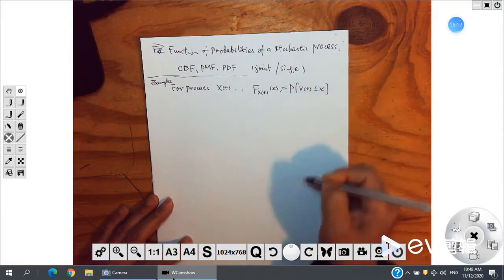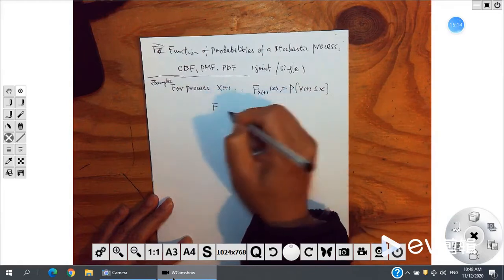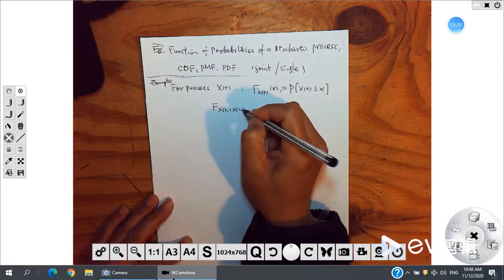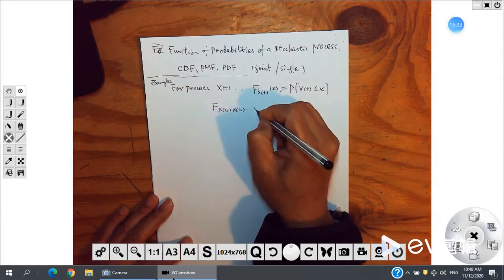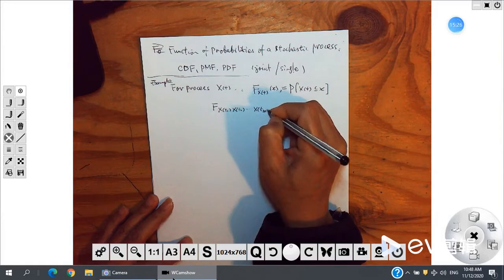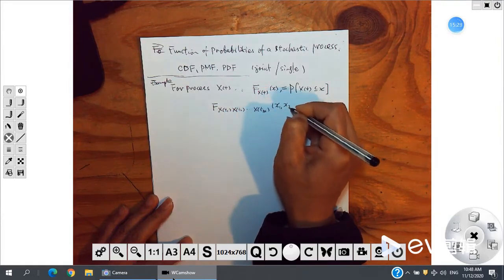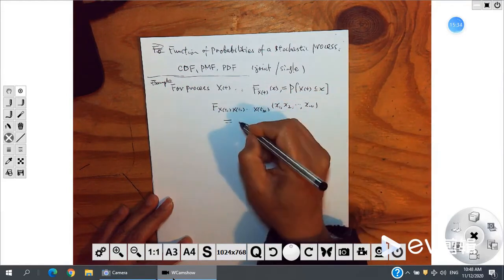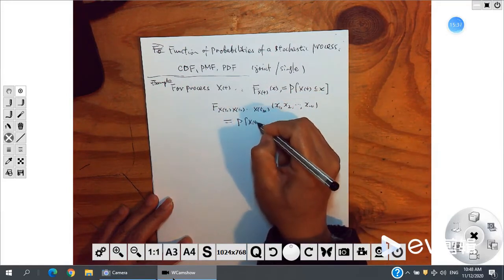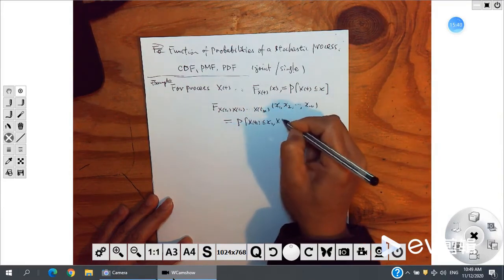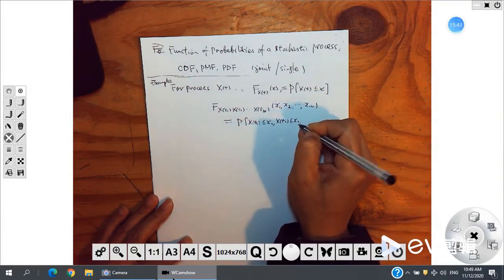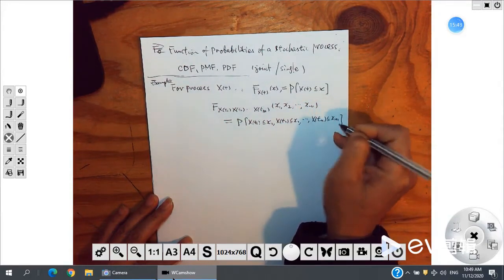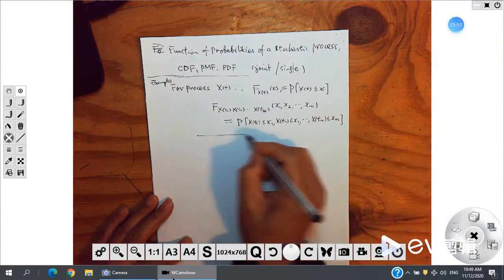We can also have a joint one, like xt1, xt2, or maybe more, whatever you want, like tm. Then x1, x2 until xm. This one will be the probability of xt1 smaller than x1, xt2 smaller than x2, until x of tm smaller than xm. Okay, this is a CDF.